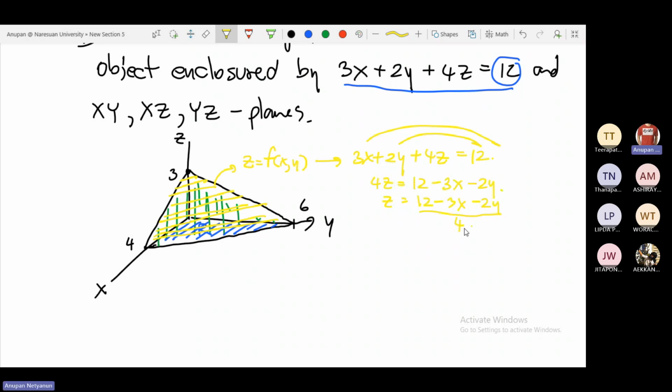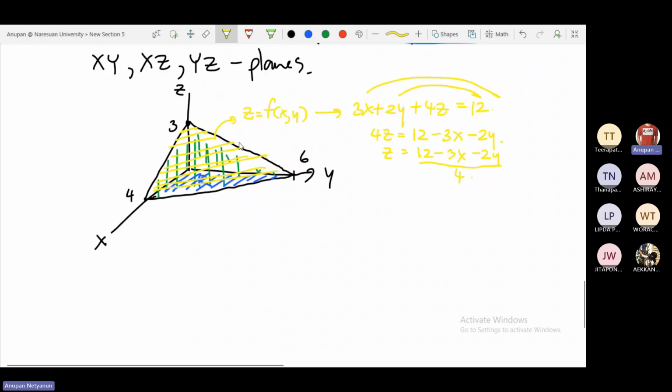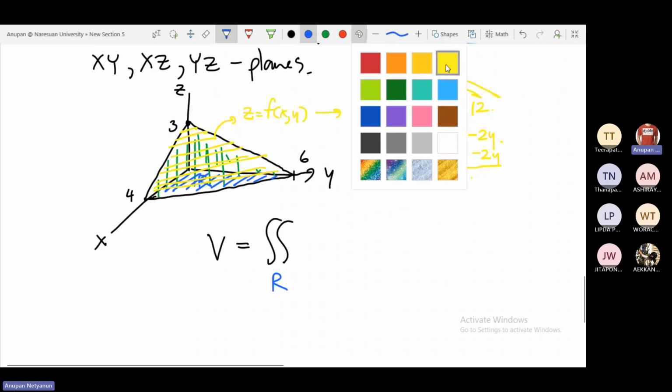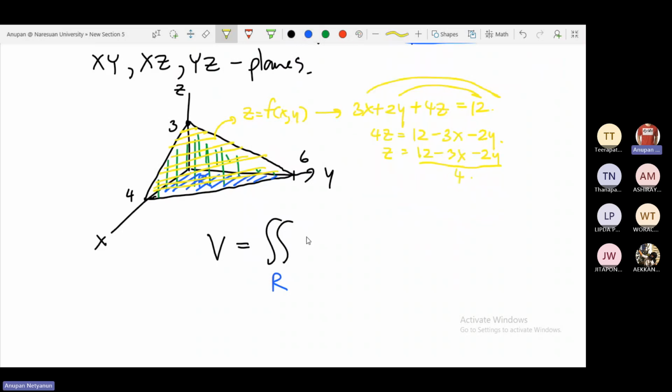So now I know my function already. Okay. Then to find this solid object, the volume is going to be the double integral over the region R. Okay. And my function is this, over 4. Okay. And then dA. Okay.